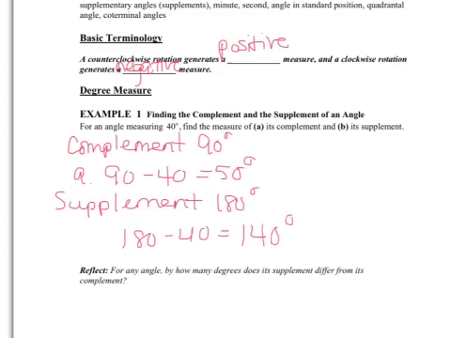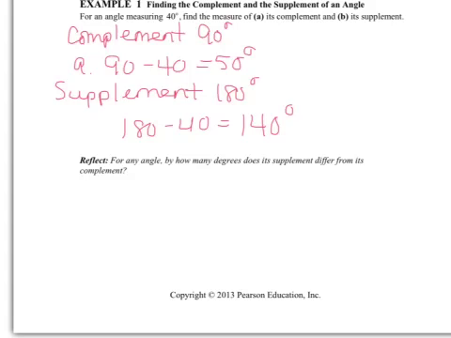Your next question says, reflect: for any angle, by how many degrees does a supplement differ from its complement? Well, we know that a supplement is 180 degrees and a complement is 90 degrees, so the difference is going to be 90 degrees.